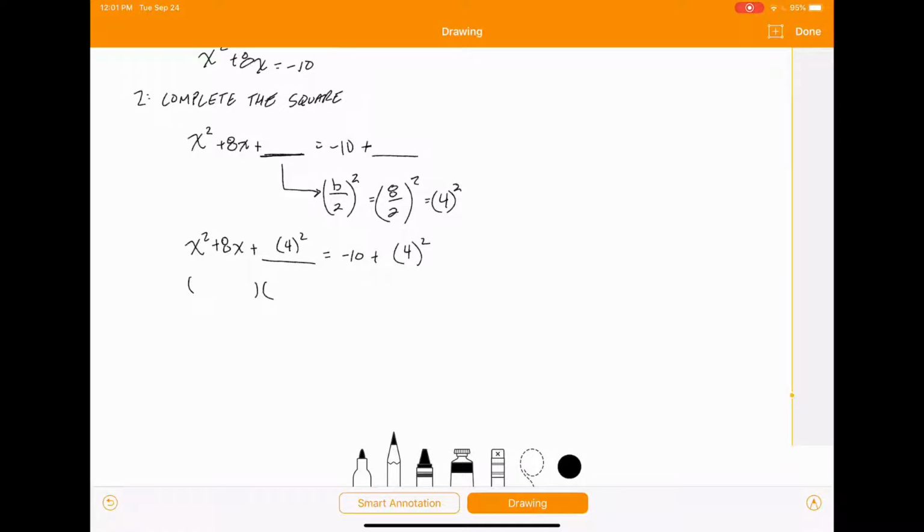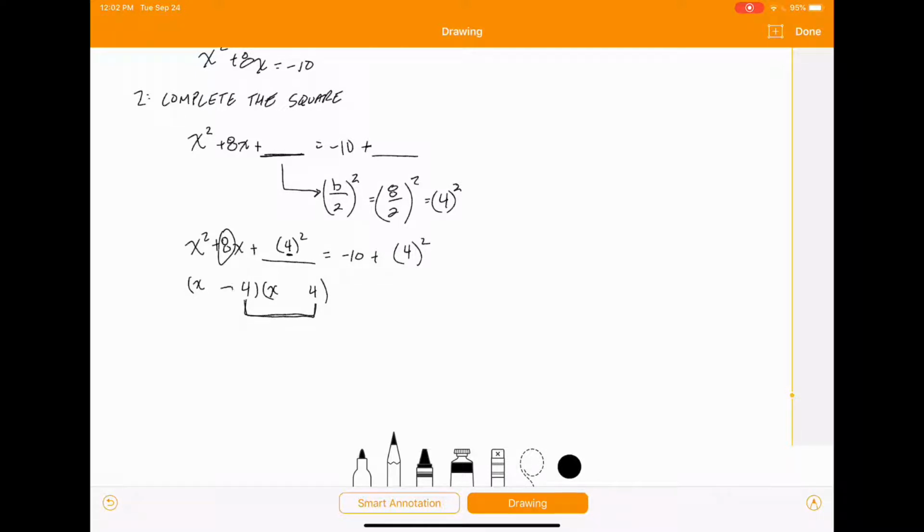The easiest way to do that is to write your parentheses, and then x, and then whatever this value is inside here goes on both sides. Now you've got to figure out the signs that are going to go in the parentheses, and we need these two numbers here to add up to 8.